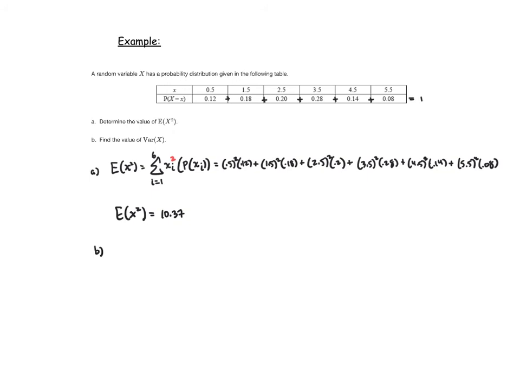Now, part B. If you don't know the shortcuts for the variance of x, which we could consider sigma squared, we know that this will be the expected value of the discrete random variable squared minus the expected value of x, quantity squared. So what we need to do is we also need to find the expected value of x.